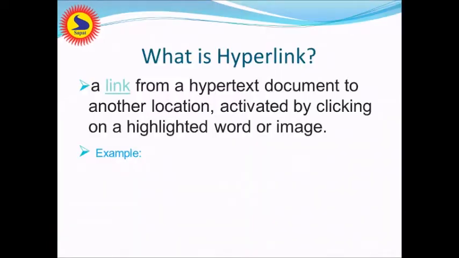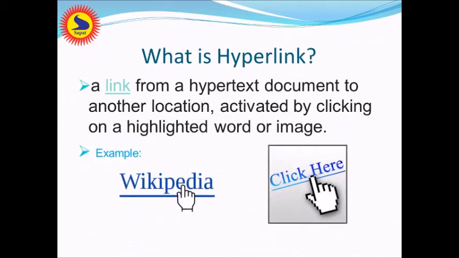So first of all, let's figure it out. What is a hyperlink? A hyperlink is a link from a hypertext document to another location, activated by clicking on a highlighted word or image. And here we have some examples of hyperlinks. For example, Wikipedia or click here.